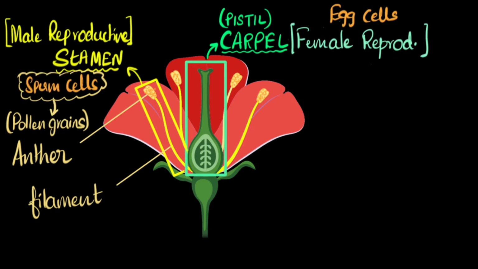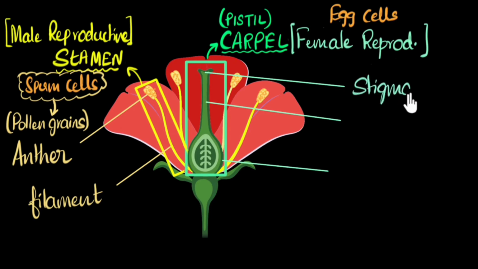All right, let's do the female parts now. The female reproductive part, the carpel or the pistil, can be further divided into 3 major parts. The topmost part is called the stigma. The part below, a long structure over here, is called the style.